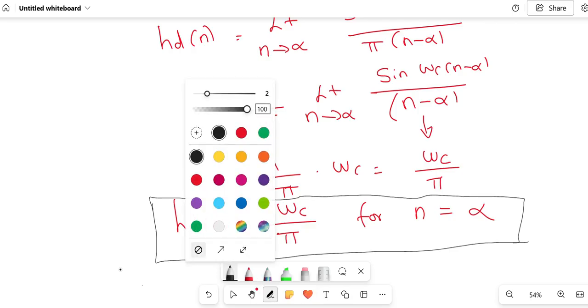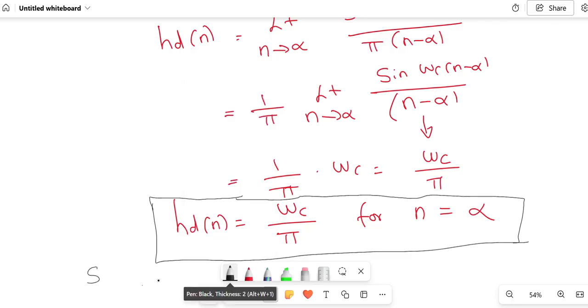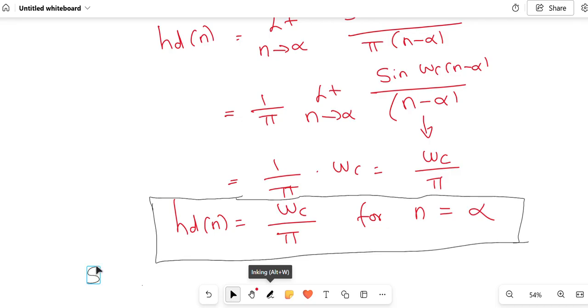Next we will see step 3. We will discuss step 3.